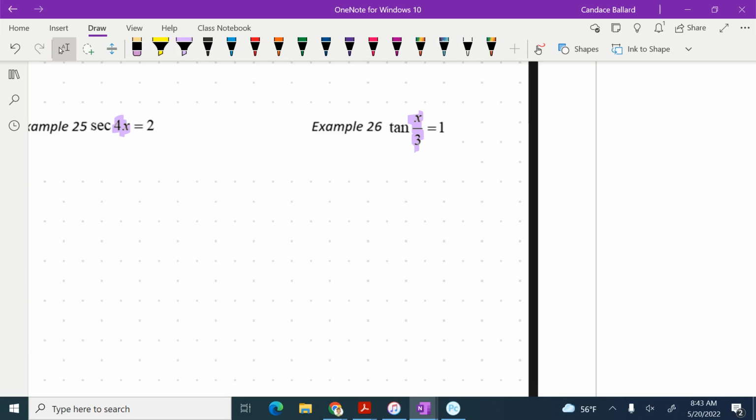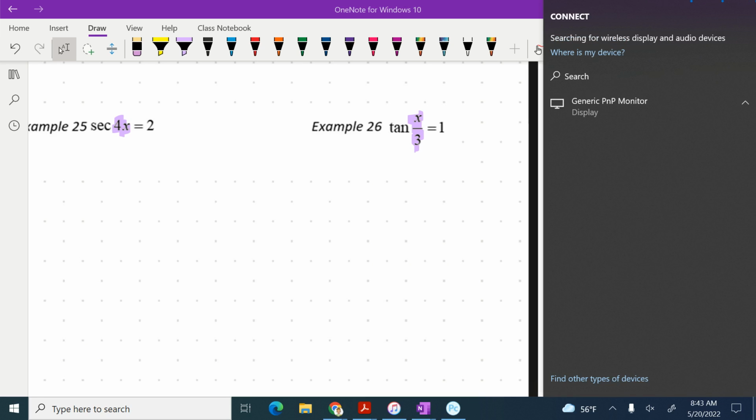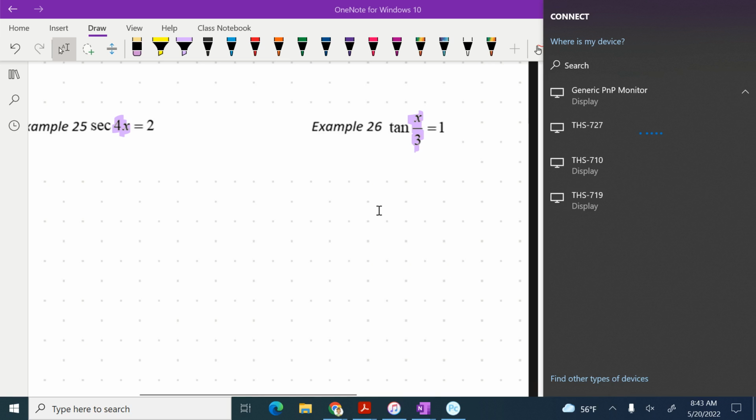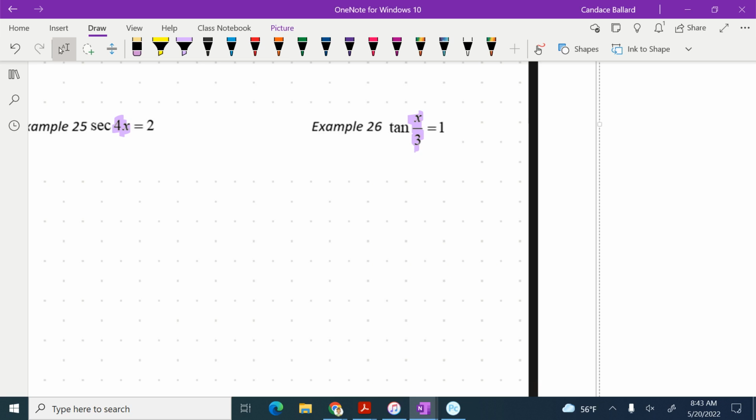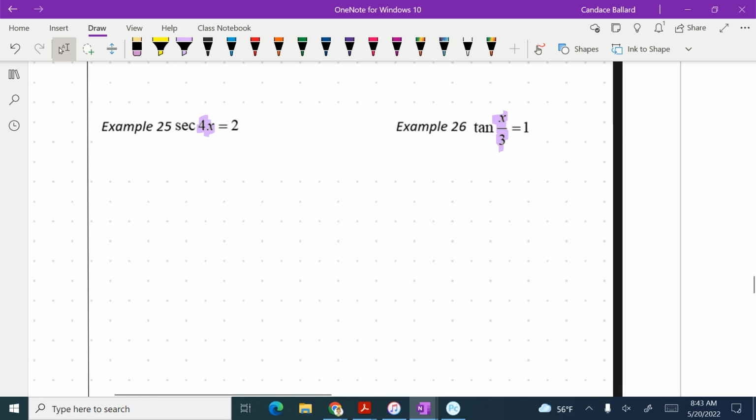Okay, let's check them together. What is the reciprocal of secant? Cosine. Okay, so I'm going to go cosine of 4x equals, what are we going to write on the right side?